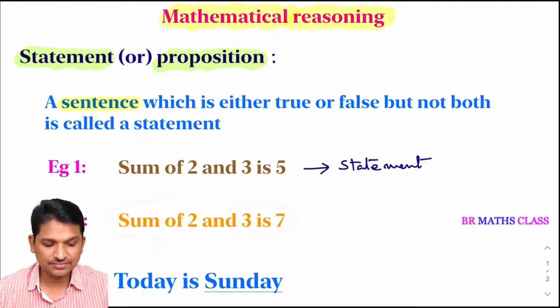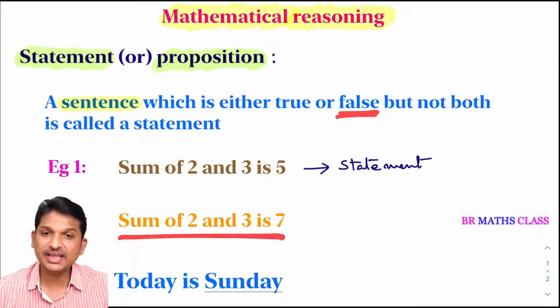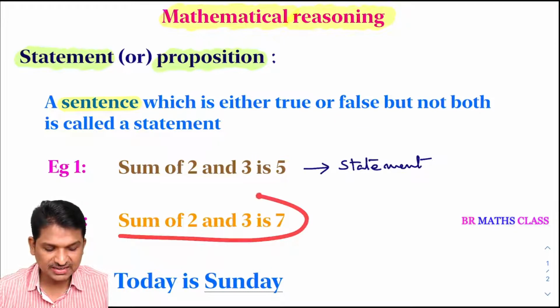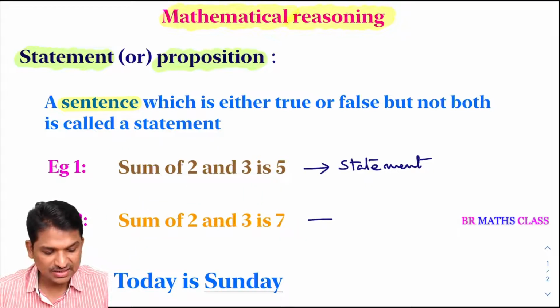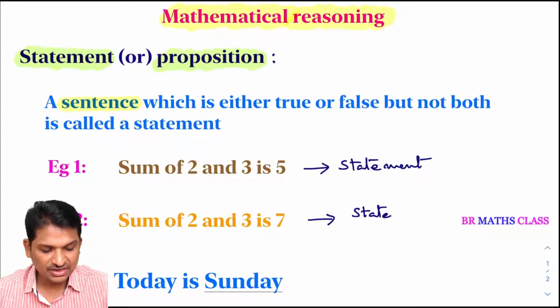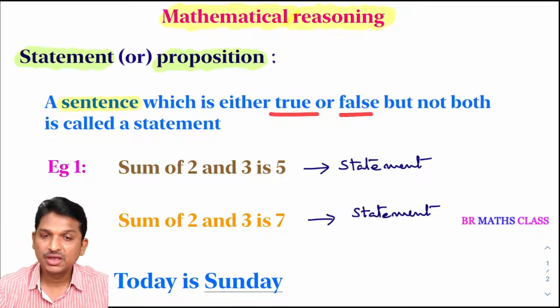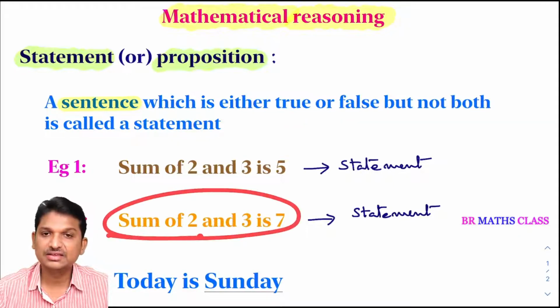Even though this sentence is false, as you can declare it is false, we say that it is a statement. Try to understand. Why is it a statement? What is the definition of a statement? It is a sentence which is either true or false, but not both. Here, this sentence is false. This is a declarative sentence. We can declare it is false. That's why this is a statement.